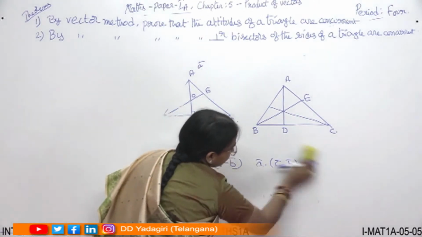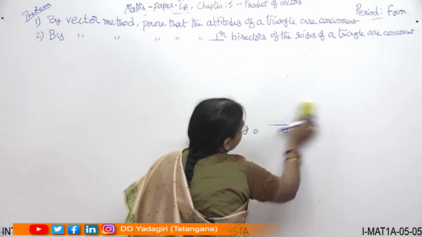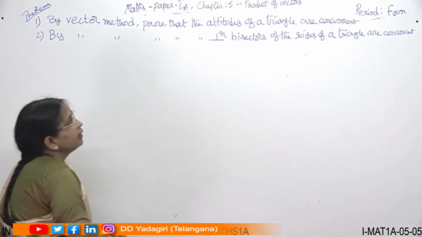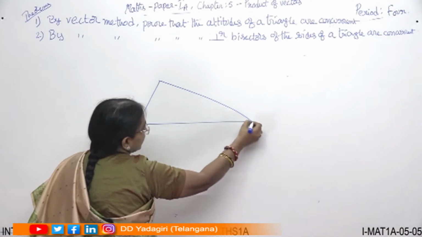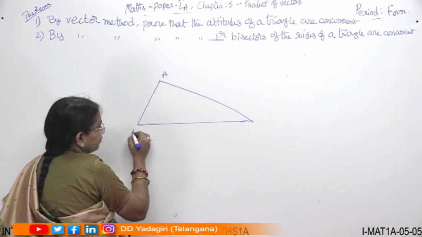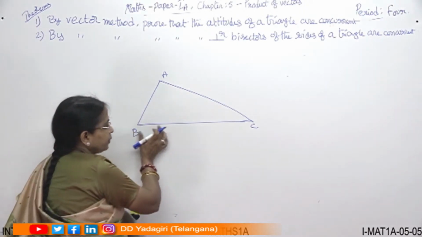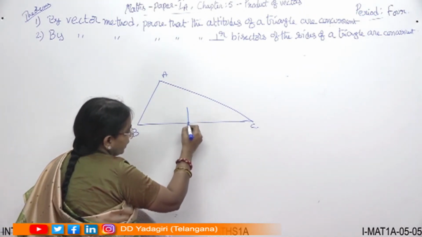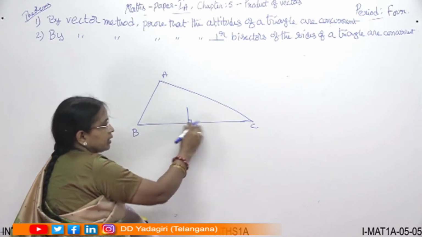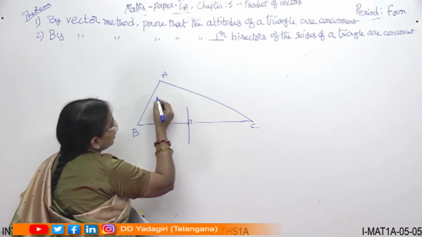Now the next one is: show that the perpendicular bisectors of the sides of a triangle are concurrent. In the same manner, we'll take the triangle ABC. For side BC, we'll take the midpoint and draw a perpendicular. This is the perpendicular bisector of BC. Now take another side.